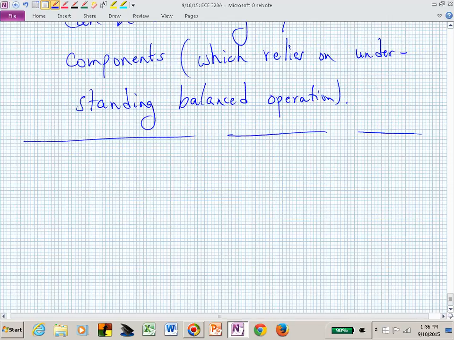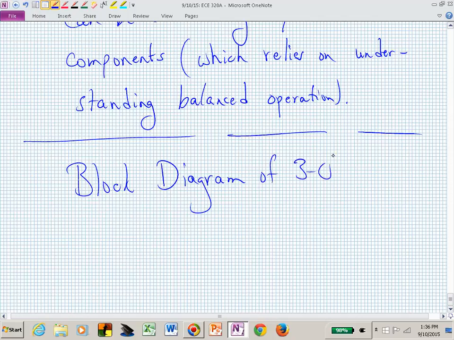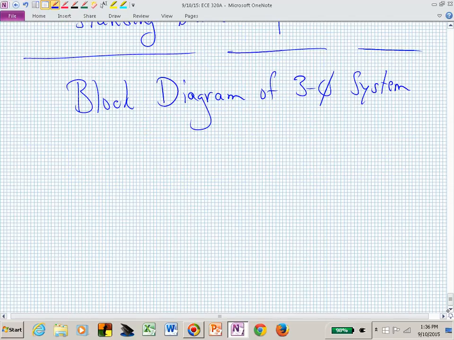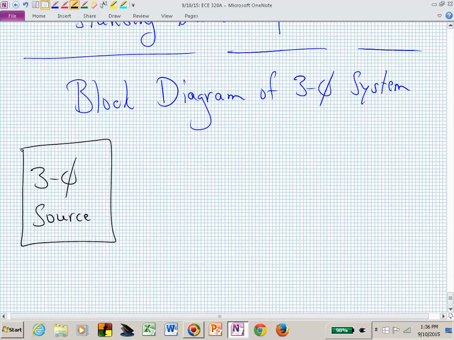Let's look at a system, or a block diagram. Again, this isn't really a circuit diagram, it's more of a block diagram, but here we have a block diagram of a three-phase system. What do we have? We actually have our source, and in this class, it'll traditionally be on the left. Then we have three wires coming out, at least three wires.